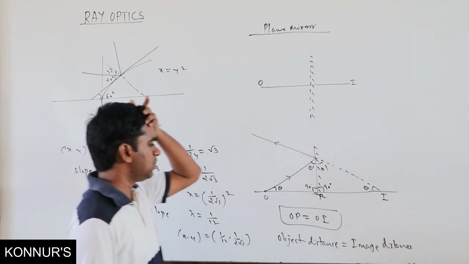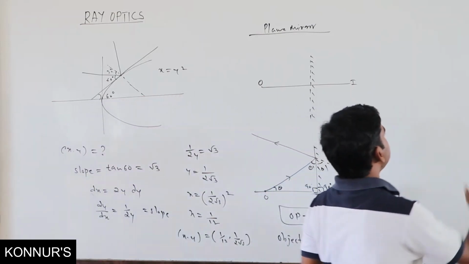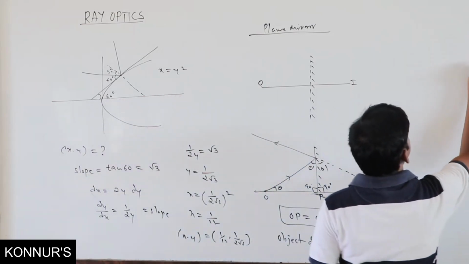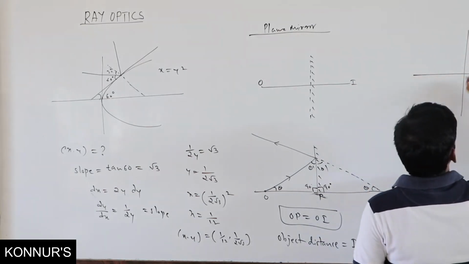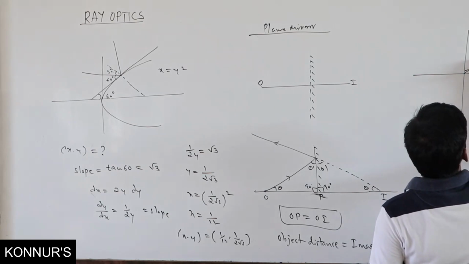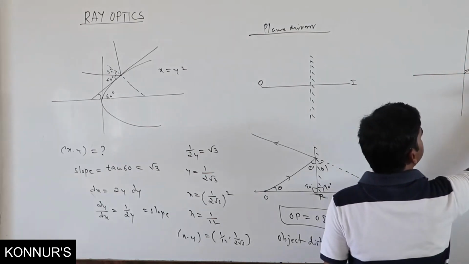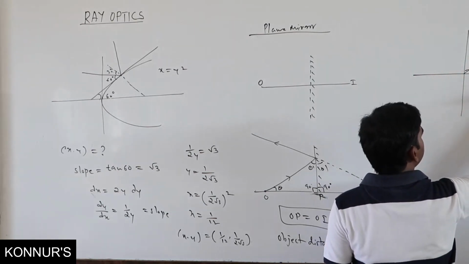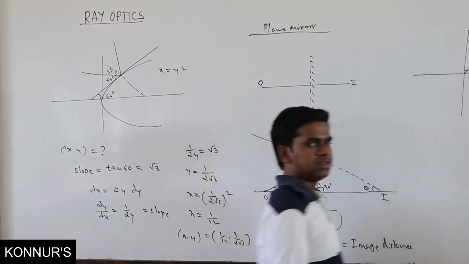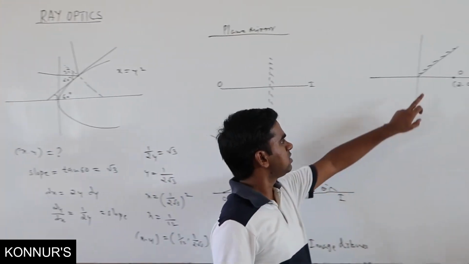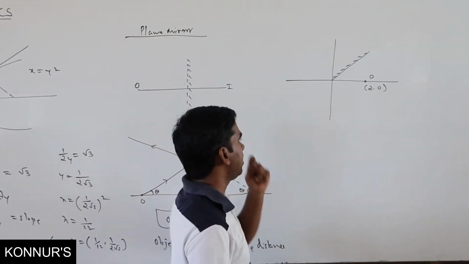Okay. So suppose you are having a mirror. Now I will take this as the x and y axes. So if the mirror is here, and suppose the object is at a point, say 2, 0, they will ask where will be the image, what are the coordinates of the image. So how can we calculate here?